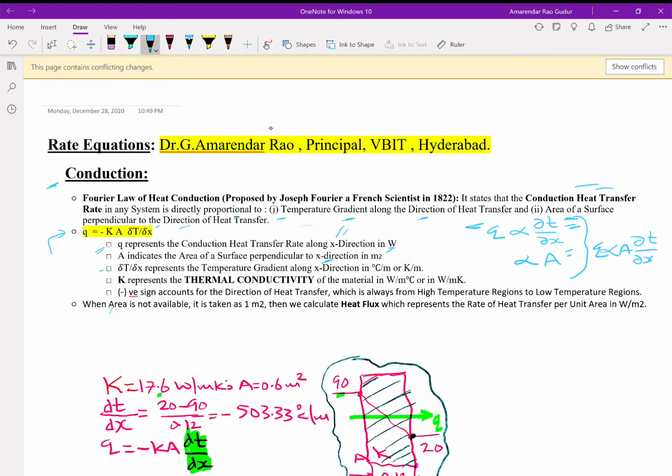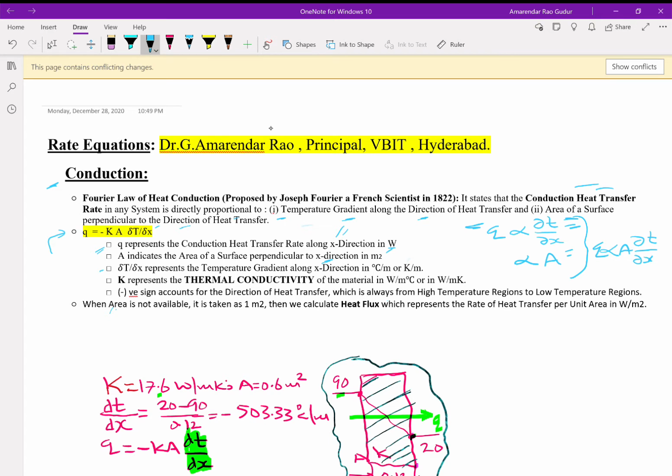Then K stands for a proportionality constant known as the thermal conductivity of the material in watts per meter degree centigrade or watts per meter Kelvin, depending upon the units we take for the temperature gradient.